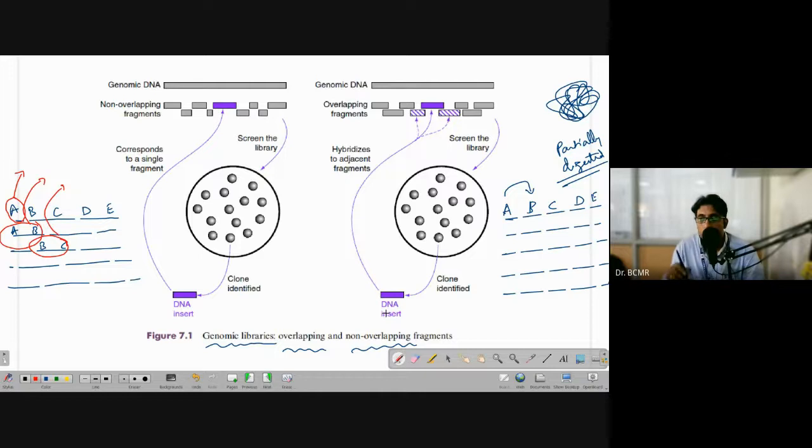So now let's fuse colony hybridization and the gene library, and see if we can figure out the order of the genes and put the gene library in a particular order. I hope you understood this as well.